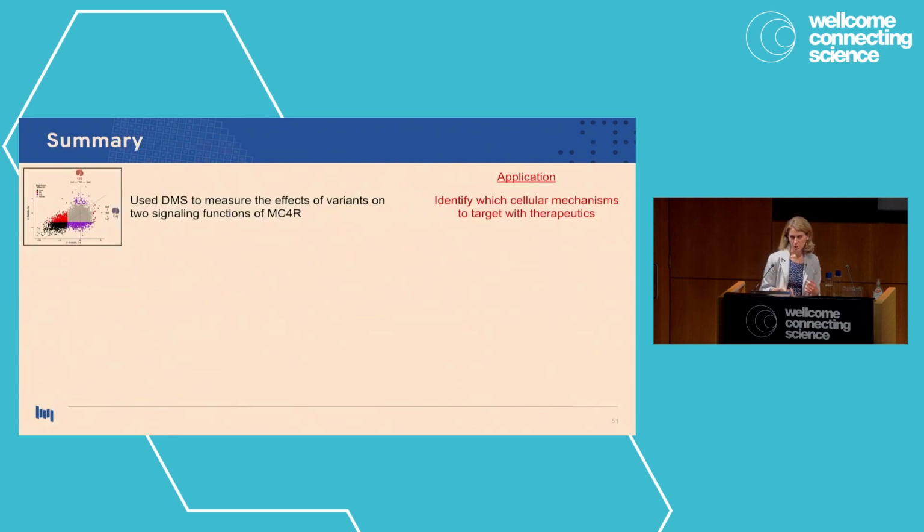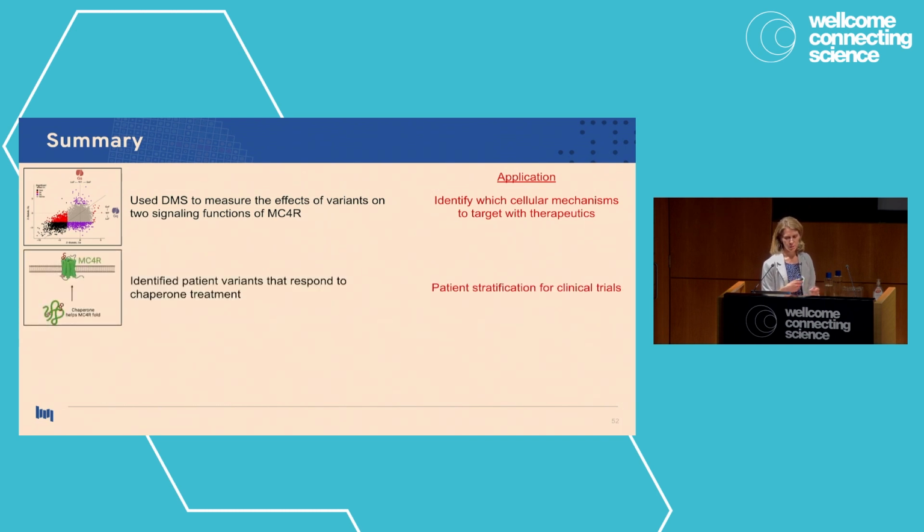So with that, I'll summarize my talk. We used deep mutational scanning to measure the effects of variants on 2 signaling functions of MC4R. We think a practical application for this in drug discovery is to identify which cellular mechanisms to target with therapeutics. We identified patient variants that respond to chaperone therapies, and so a practical application is to stratify your patients in a clinical trial to identify which ones are much more likely to actually benefit from a particular therapy.